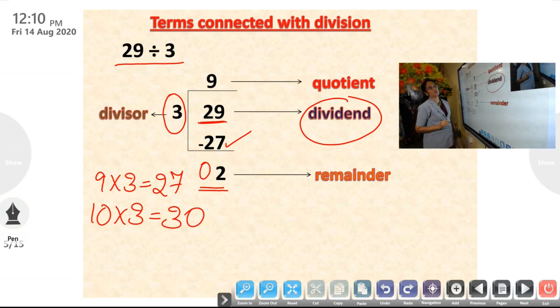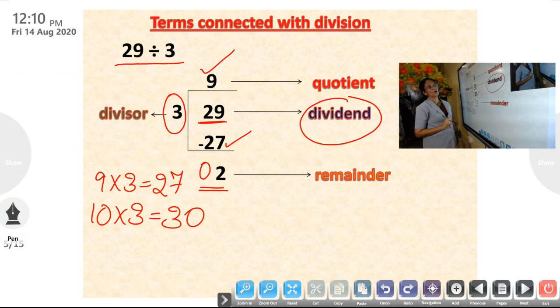Remainder. So here what is the remainder? 2 is the remainder. Now what is quotient? The answer to division is called quotient. Here 9 is the quotient because the answer to division we write at the top of the number, and that answer to division is called the quotient.